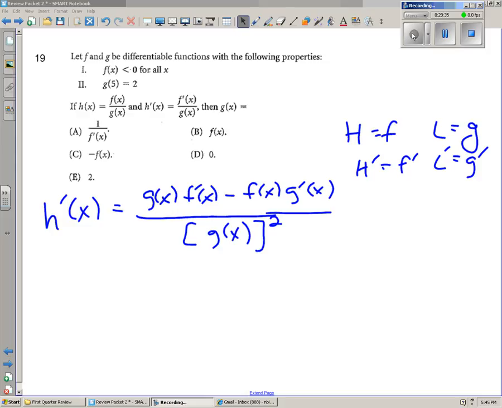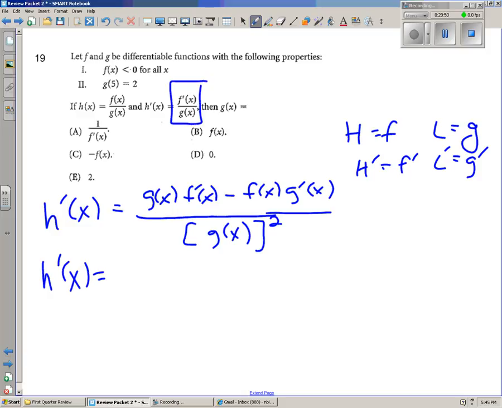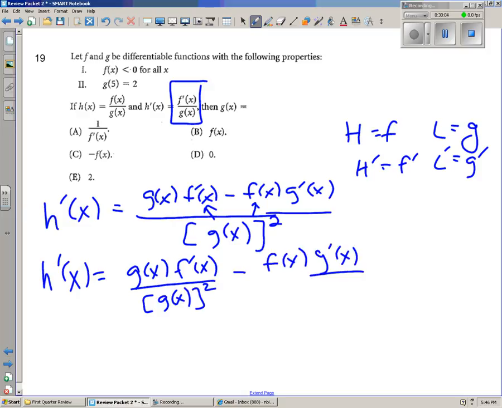All right, this question's a little tougher than I thought it was when I first looked at it. So here's how to do it. I wouldn't hold you responsible for this on the test, but what you want to do here is we need to figure out a way to get this somehow. And what you can do is separate this into two fractions. And if you do that, we would get g of x f prime of x over g of x squared minus f of x g prime of x over g of x squared.